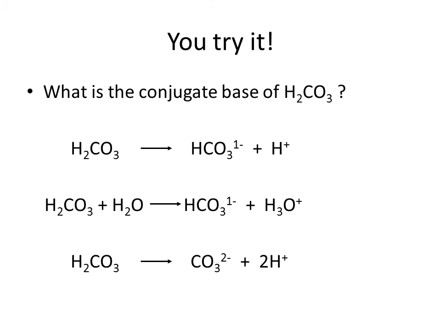So the bicarbonate is the conjugate base of carbonic acid. If I look at the next one, I can look at it the same way. Carbonic acid plus water forms bicarbonate and the hydronium ion. And you can say to yourself, it's an acid because it forms a hydronium ion. The rest of what is formed is the conjugate base. So the conjugate base is bicarbonate.